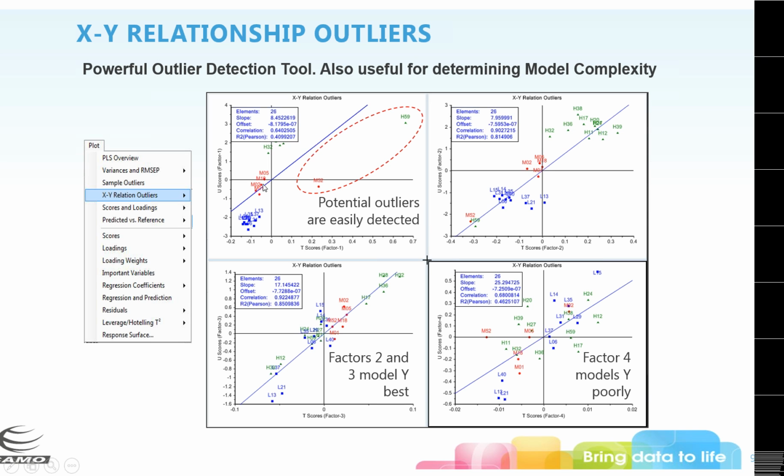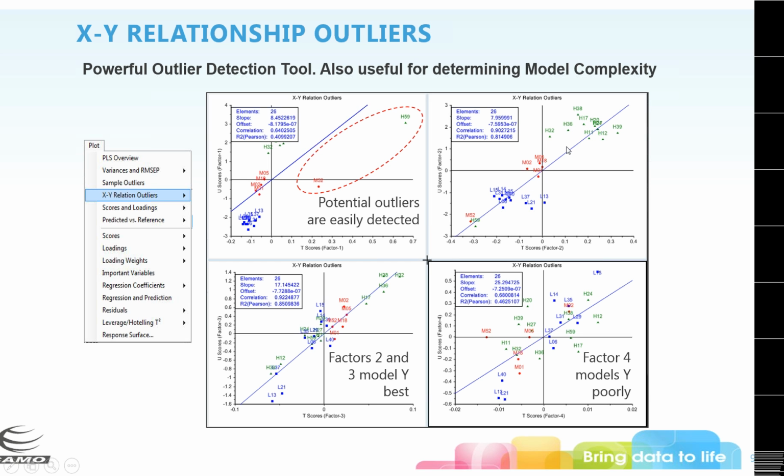So this takes our plot of the U scores, which is the Y scores, versus your T scores, which are your X scores. And you can see where some outliers might be. And you can see in factor 1 here, these are very clearly not on a nice one-to-one line like you would want to see. When you get to factor 2, now we are predicting a little bit better.